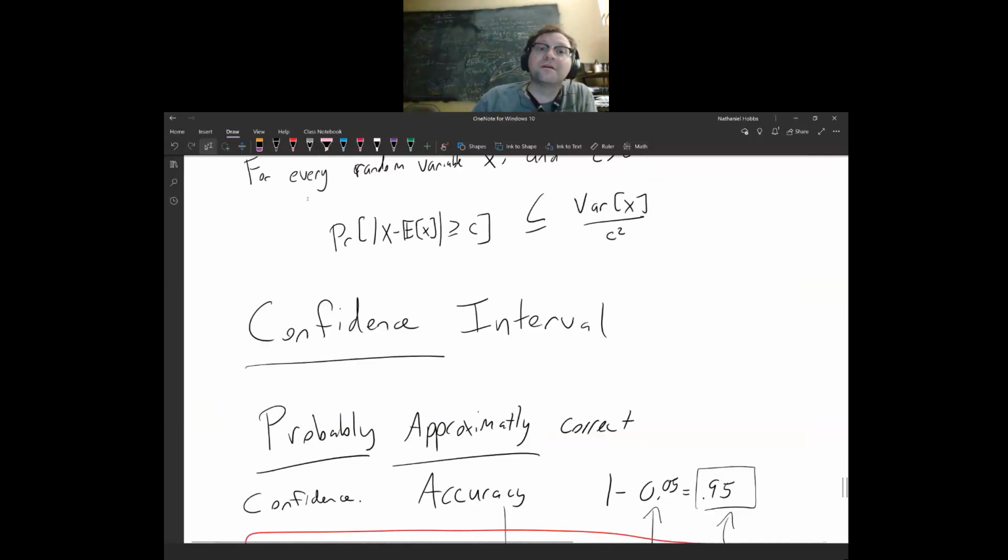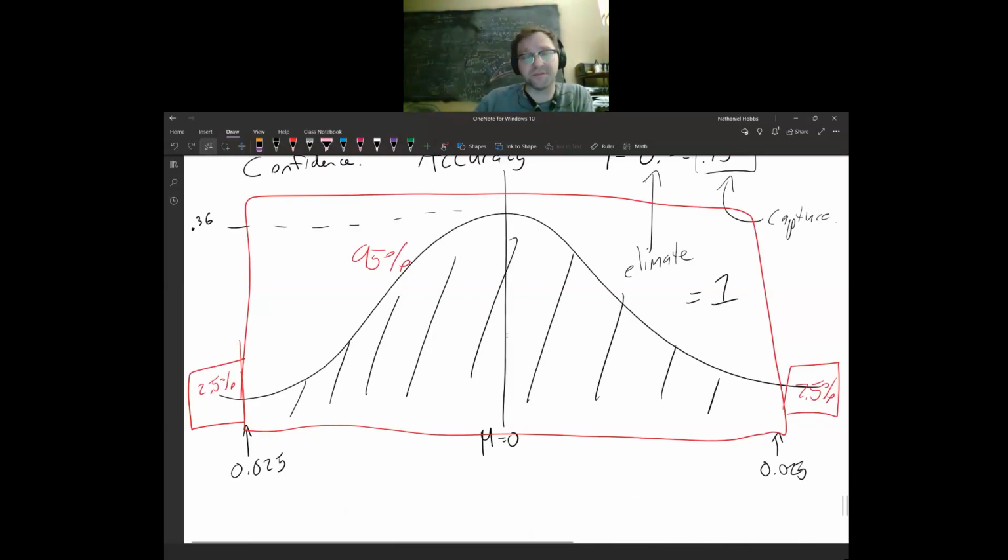There's some type of expectation, some type of variance for this to be true. If you have such a random variable, then you can make these types of statements. Does that make sense? Yes.